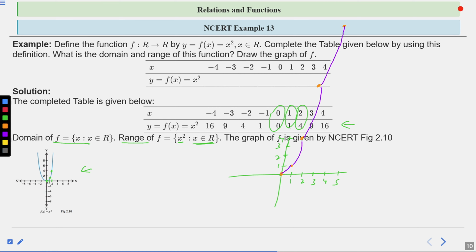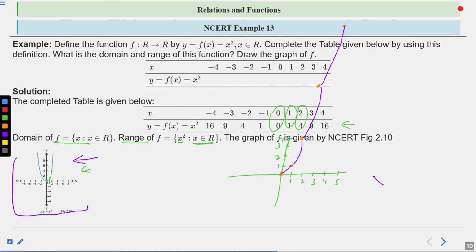I am just providing you a rough graph. So the right side of the graph, the right side of the origin, your graph will look like this. Clear? And you can also verify from the accurate graph.